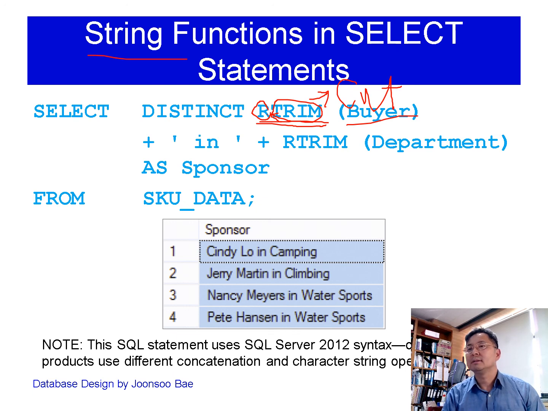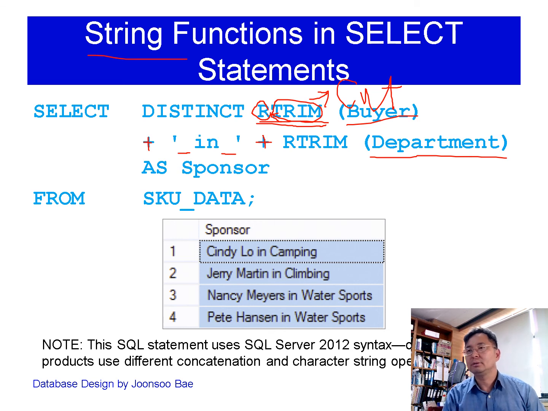Okay, and also this plus operation on character strings means combining two character strings. So buyer with RTRIM, and this single quotation mark means the character string blank, in, blank. This will allow only one blank between buyer and in, and department will be combined by using this plus.